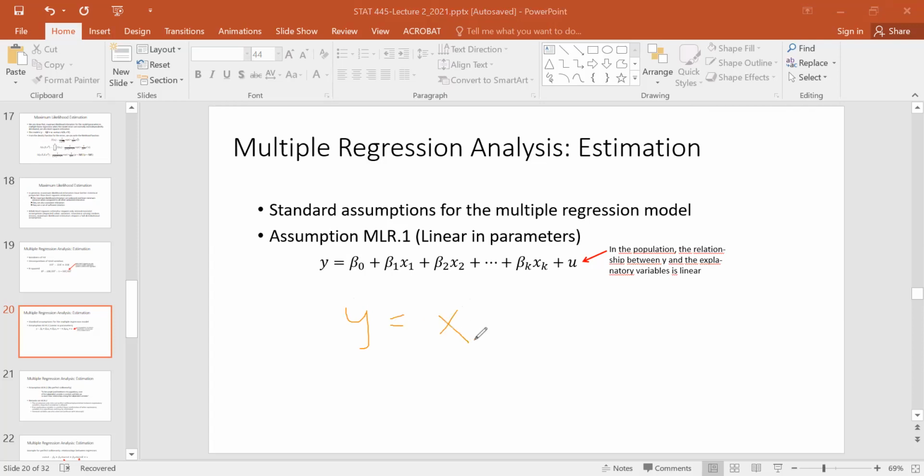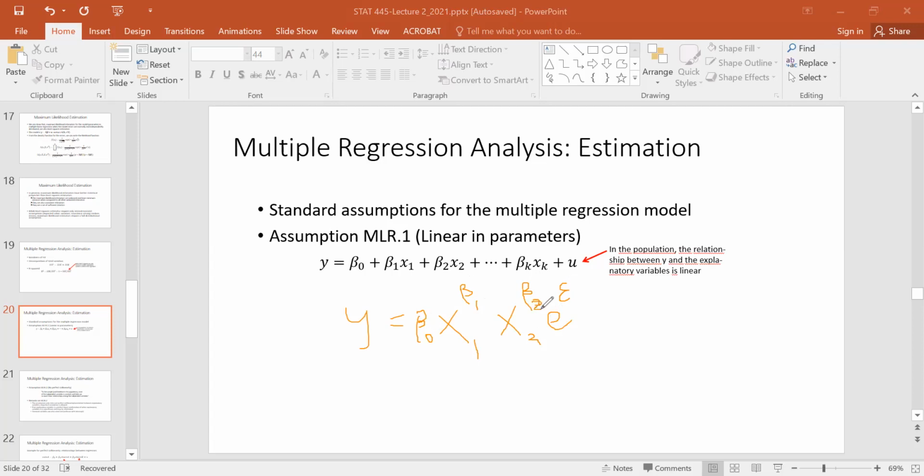Let's say x1 and x2 are our variables, and there's an e raised to the power epsilon, our error term, with beta 2, beta 1 and beta 0 as the parameters. Something like this is not linear in the parameters, okay?